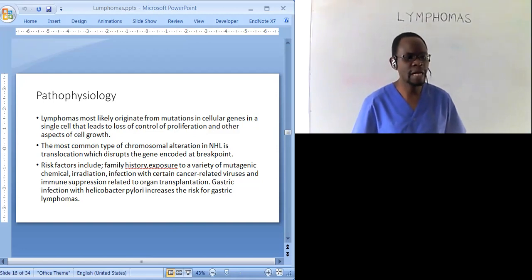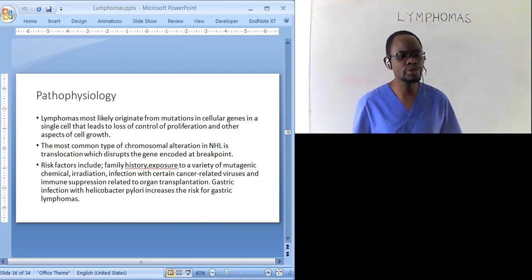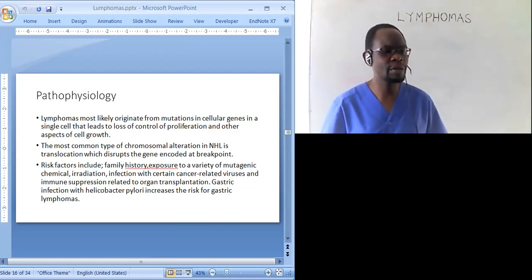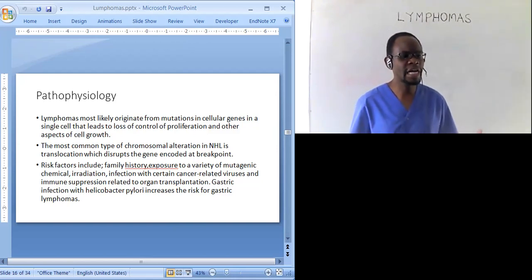And risk factors are basically family history, exposure to mutagenic chemicals, radiation, infection with certain cancer-related viruses, and all those things.